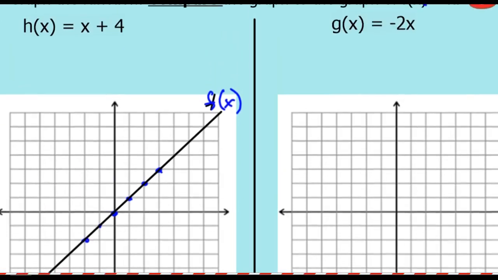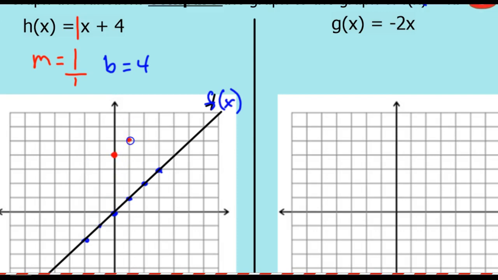Now it says to graph x plus 4. Well, we gotta look for our m. Our m, we have nothing in front of the x, so we can put a 1 there. So our m is 1 over 1. And then our b is 4. Our b is 1, 2, 3, 4. Up.